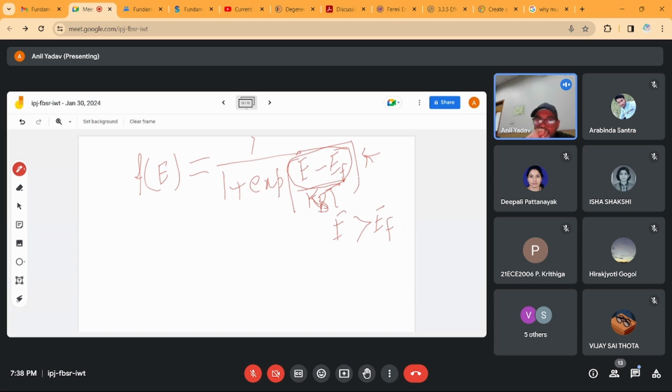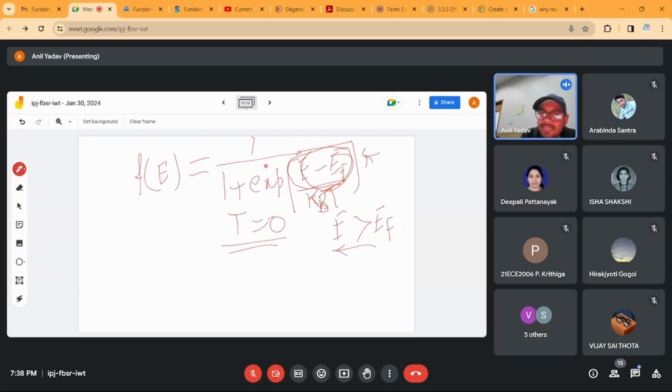If E is greater than EF, what will happen is this exponent, for t equal to 0, this is the case that we are taking. E is greater than EF, this is a positive quantity, and T is equal to 0.